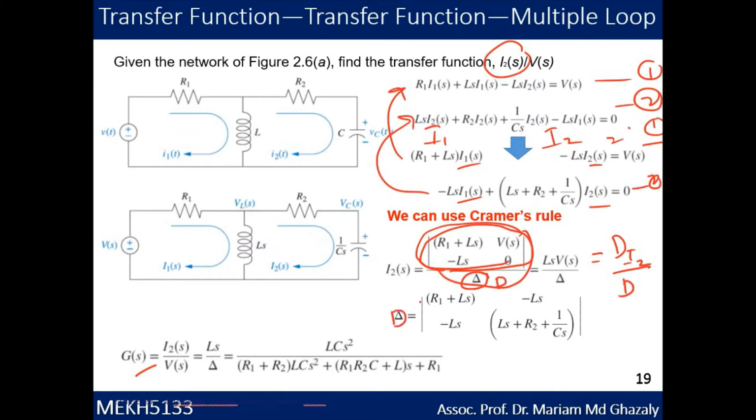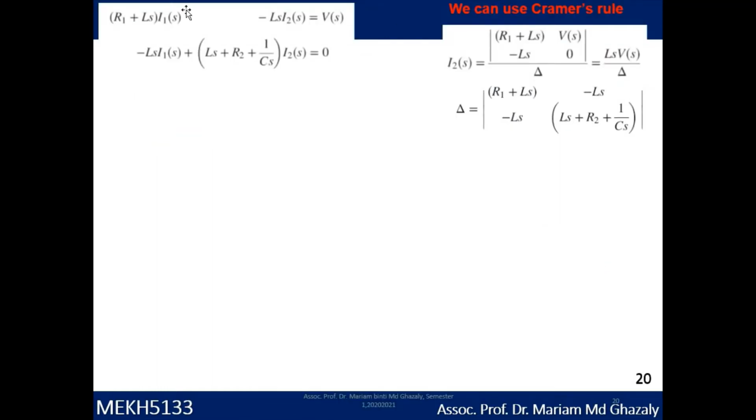I'm going to explain it one by one. This is similar to the previous slide. So if I draw it like this, this will be I1, this will be I2, and then this will be the output.